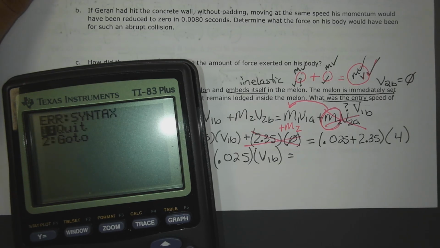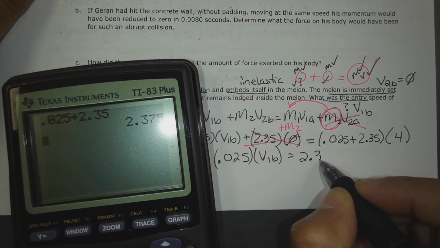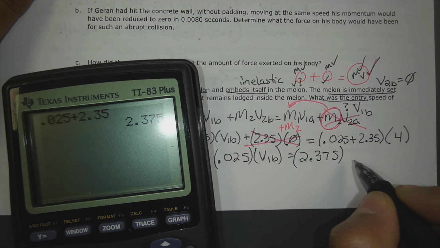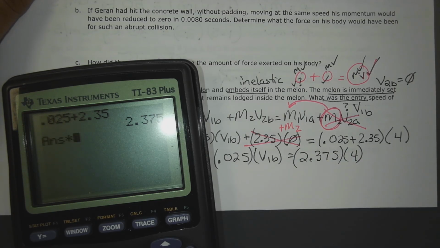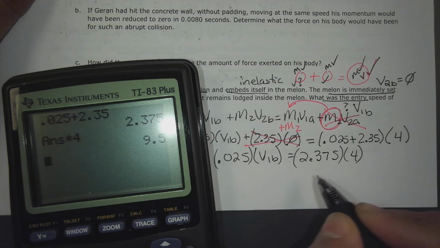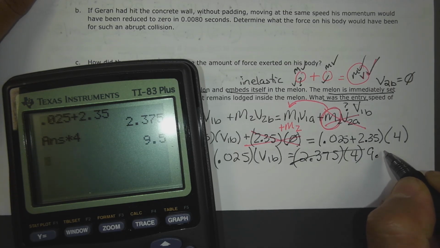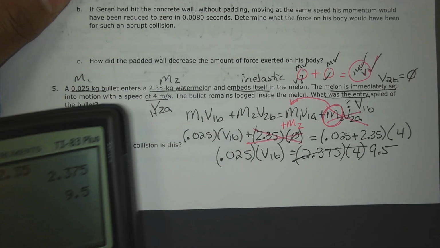Oops. Miss Munson, don't show that to Mr. Beast, please. Okay, 2.375. I'm going to multiply that by 4. That comes out to 9.5. Hopefully that's what you got.